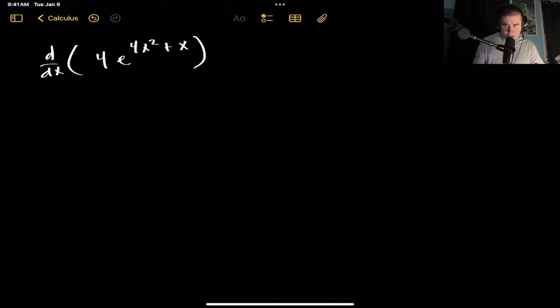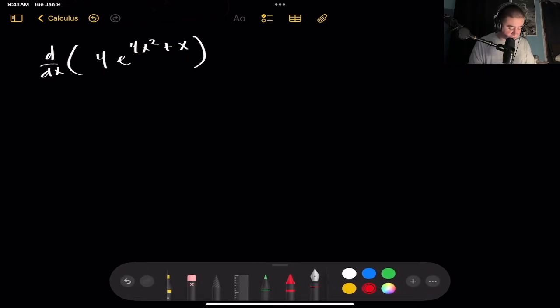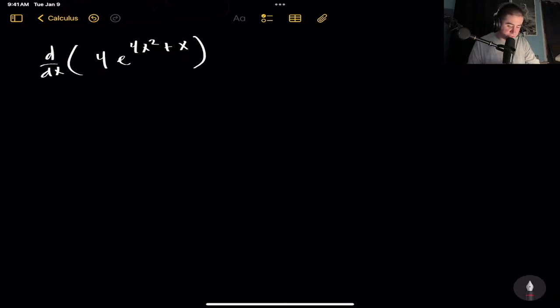All right, so I thought it's probably a little bit important that we include another exponential function that we need to take the derivative of. And just to remind you guys what that rule looks like, let me change the colors here so I can color code it real quick. The rule is basically when we take the derivative of e, we're essentially rewriting the same function that we're given, but we're taking the derivative of the exponent.